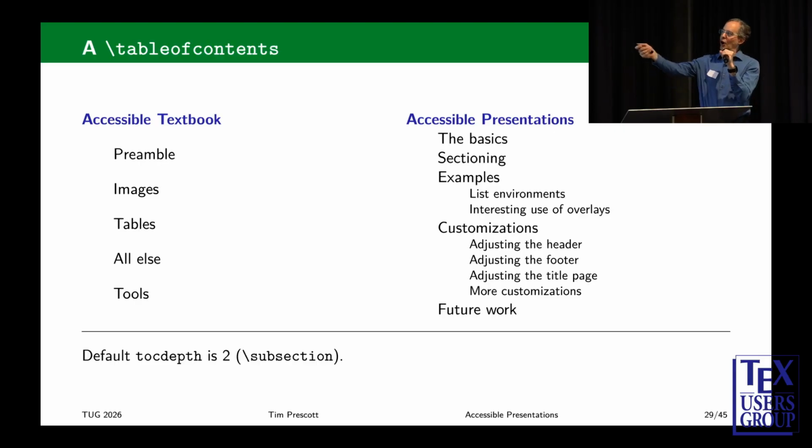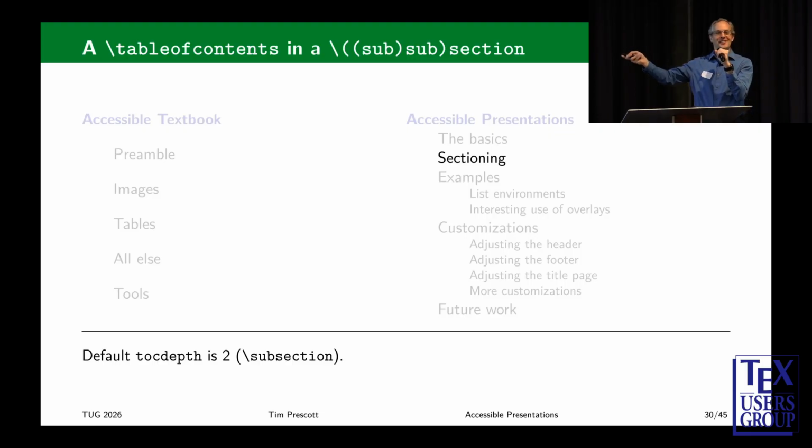That means all of these sectioning commands occur after this slide and before this slide. So within my actual document, after that slide, I have like five section commands in a row to make this happen, which has bad consequences for the tagging.